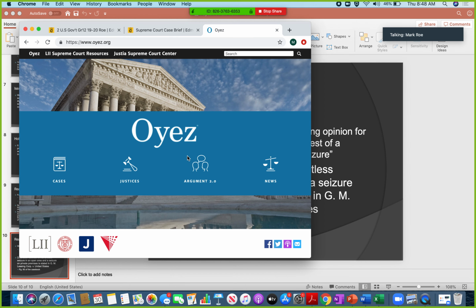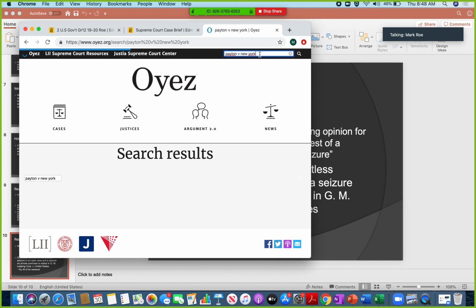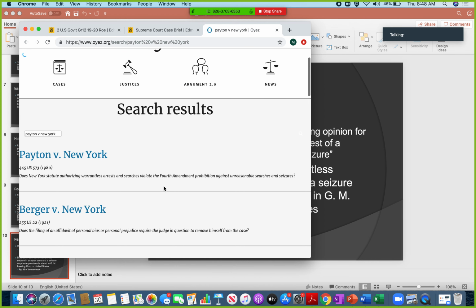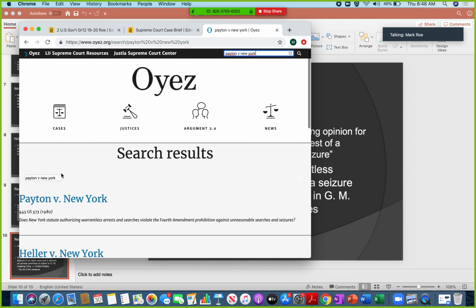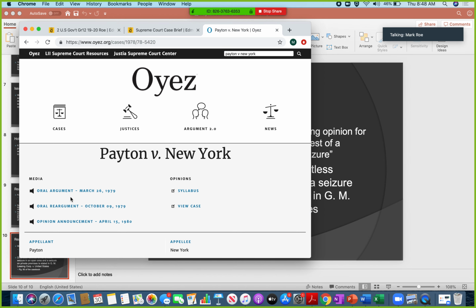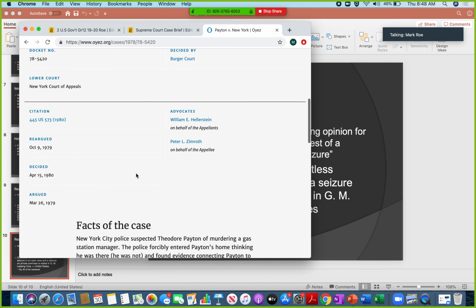So Oyez is real nice. It's just a dictionary, and it looks just like this. So now when I come up here to my search bar and I type in Payton v. New York, it's going to give me a nice detailed rundown. Oh. And here's my case, and it gives me a little bit more information about it.